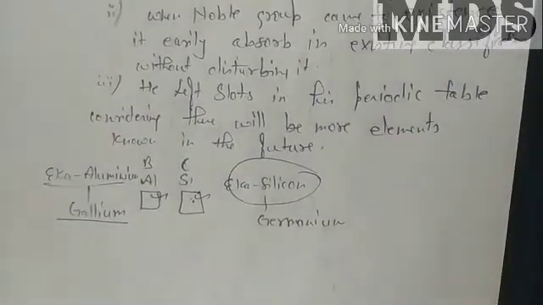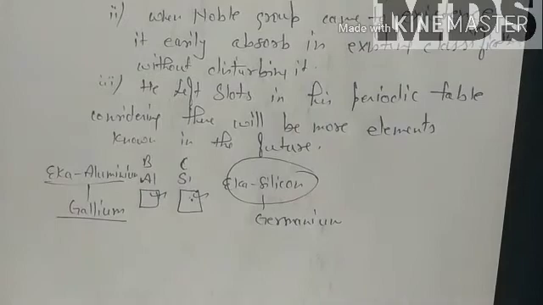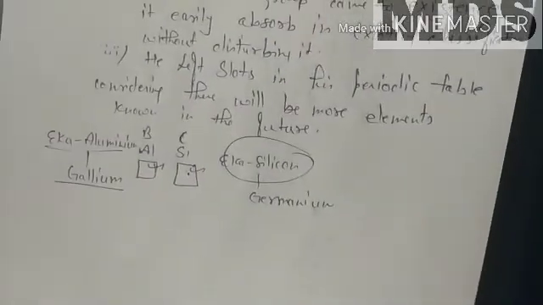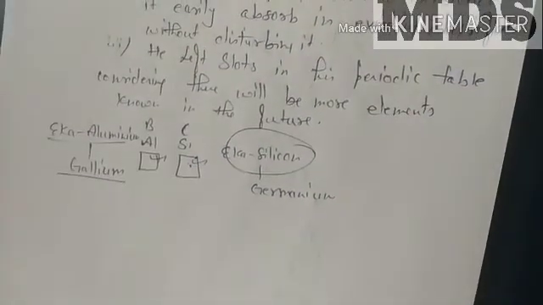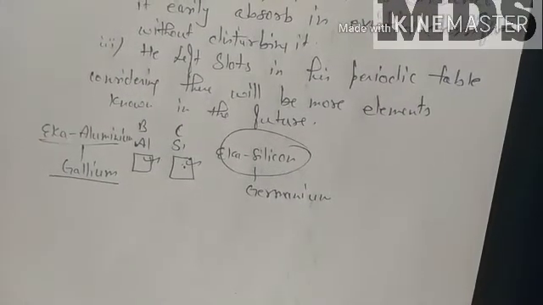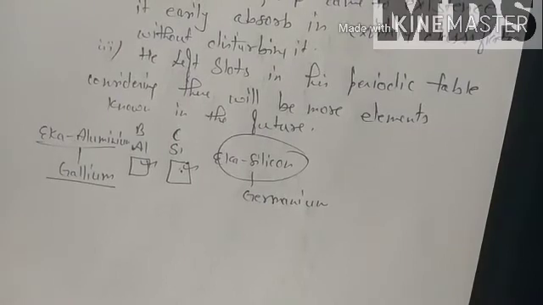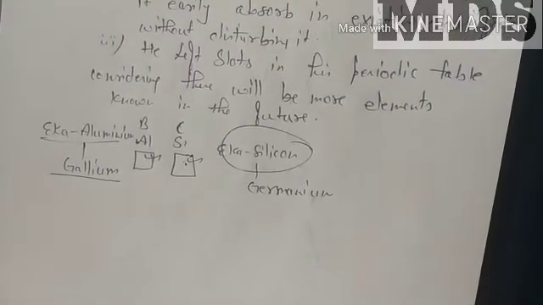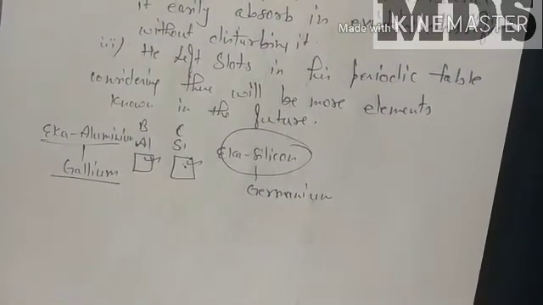So he is the first scientist who considered that there will be more, and that's why he left slots. Noble gases easily get absorbed, almost all elements get classified according to similar physical and chemical properties. So these are some advantages regarding Mendeleev classification.